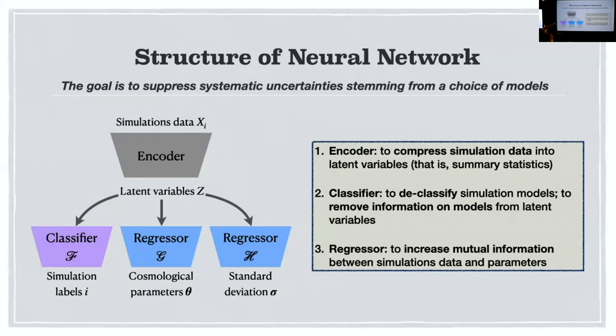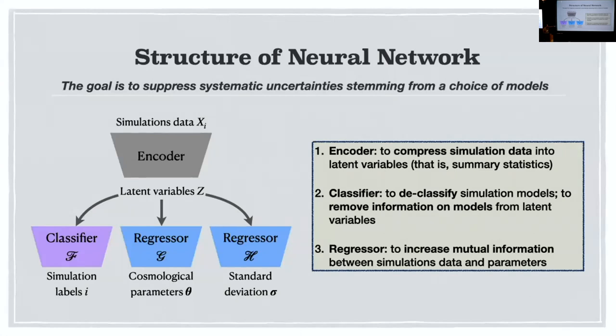There are three goals. In the encoder, we're trying to compress the simulation data into some latent variables, Z, which you could think of as the summary statistics.